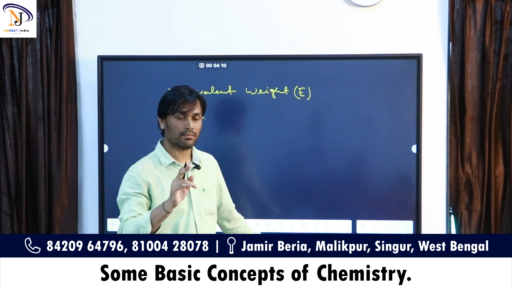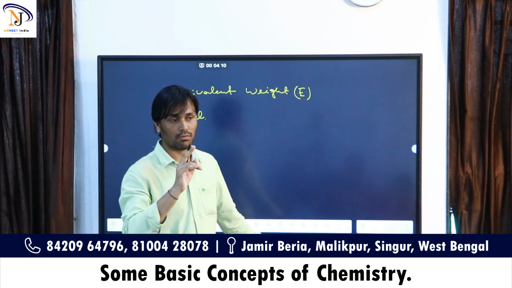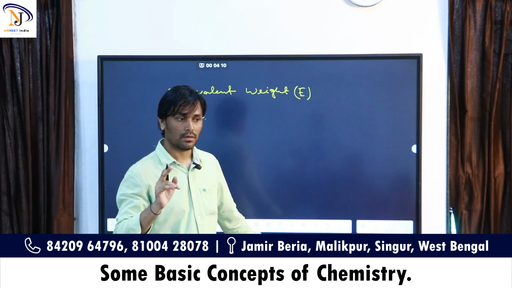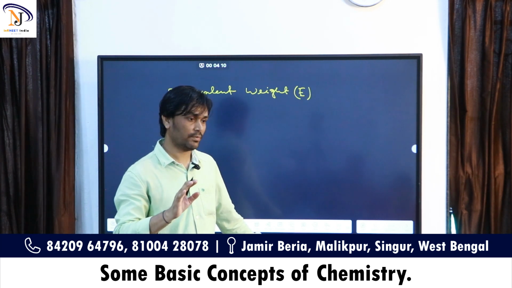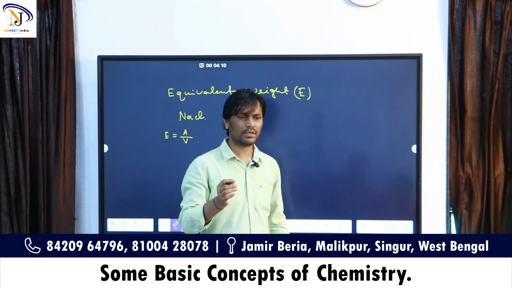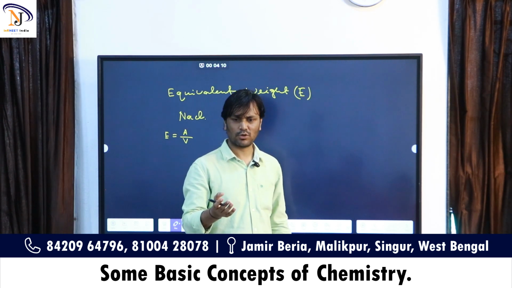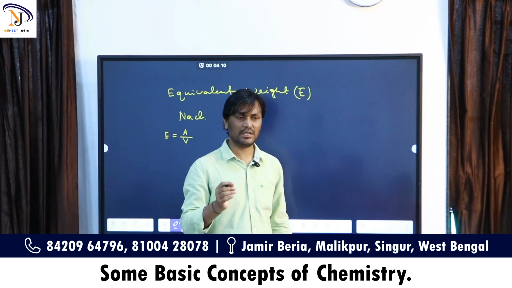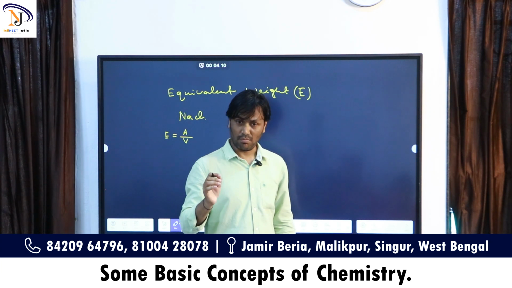There are two types of terms. One is molecular weight, one is formula weight. They are not entirely different, but there is a slight difference. Molecular weight means the weight of molecules. But formula weight is used specially for ionic compounds.